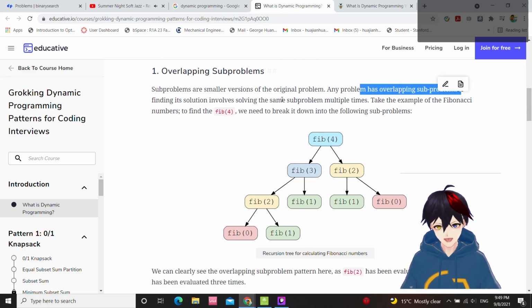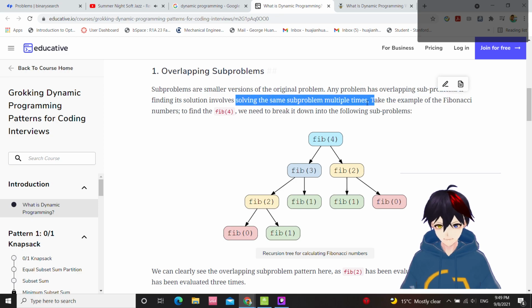Overlapping subproblems. If it solves the same subproblems multiple times, like Fibonacci.